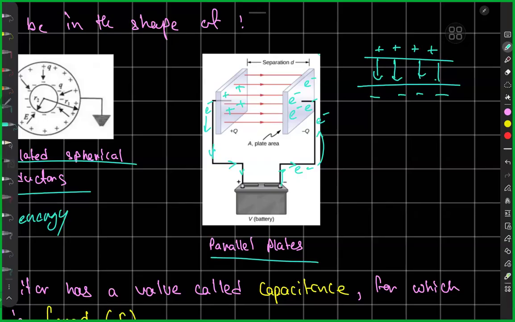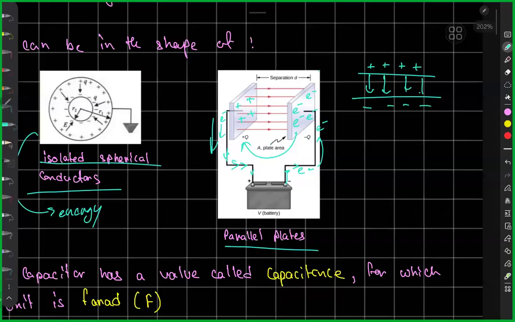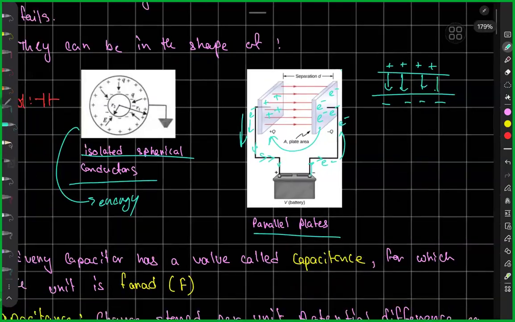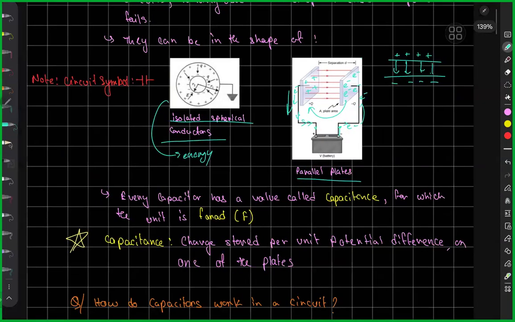Now there is a flow of electrons through this wire, and it completes the circuit. Even though it's insulated over here, with no medium for conduction, no conduction takes place. It is induced by repulsion. That's how charge is stored.